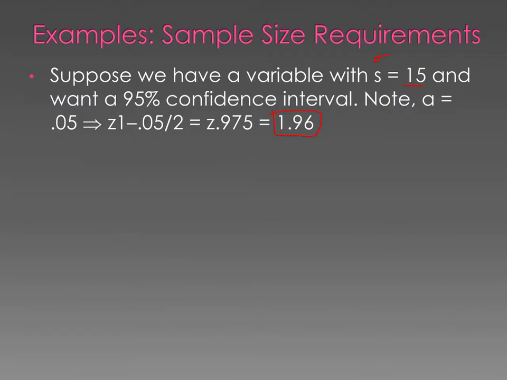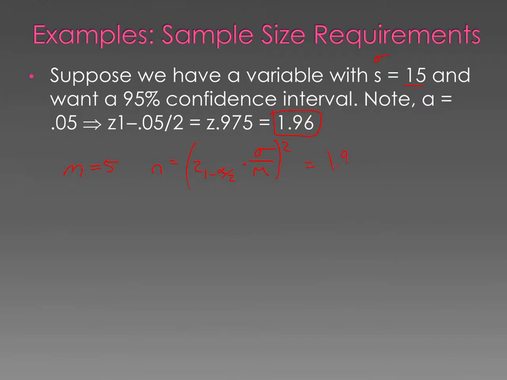Say your margin of error equals 5, we want to determine our sample size n. Remember, n is going to equal our z of 1 minus alpha over 2 times standard deviation over the margin of error, squared. Plug the information we know into the formula.